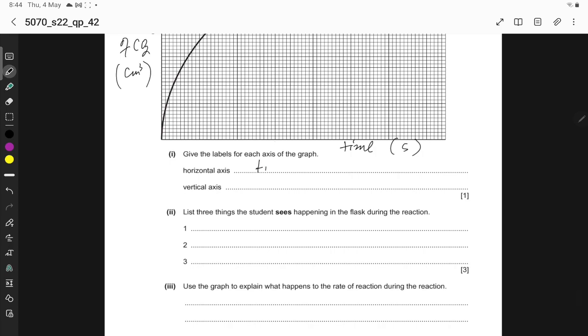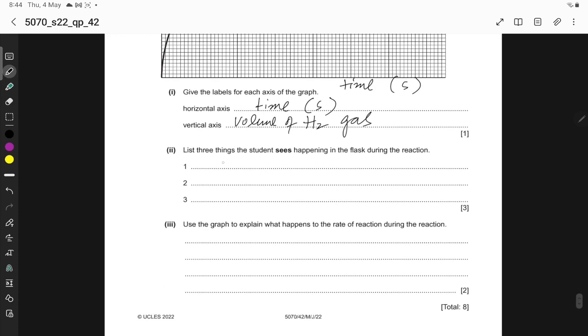These are three things the student sees happening in the flask during the reaction: solid disappears, effervescence of gas, solution turns blue.